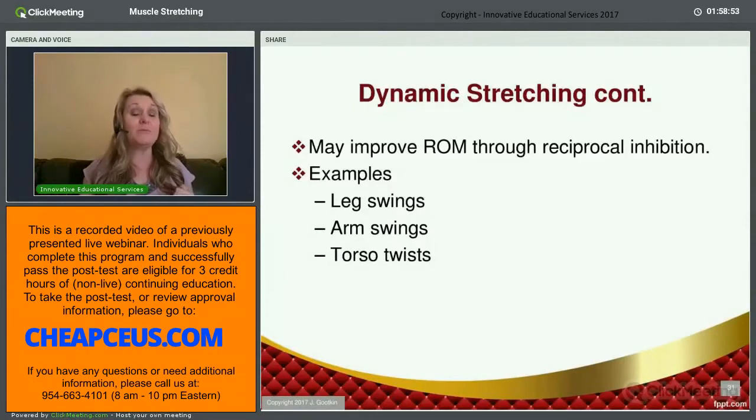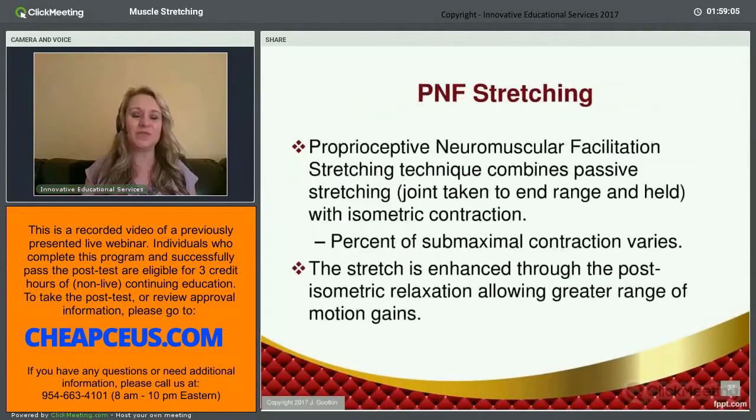Dynamic stretching, we're finding, may be a better choice than static stretching, and we'll talk about why. So it's not just your competitive athletes, it may be your recreational athletes that you're utilizing this for, because return to wellness is such an important part of our rehab for our patients.